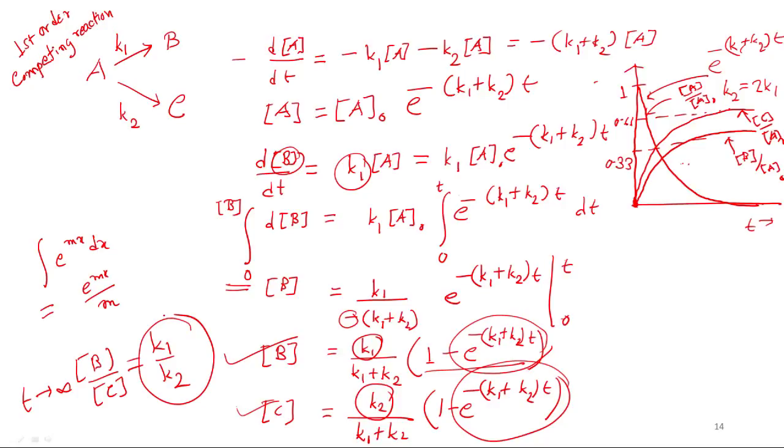Now, when we discuss the Arrhenius rate equation, or how the rate constant depends on the relative rates, or how the relative rates actually control the products, here it is a very interesting situation.